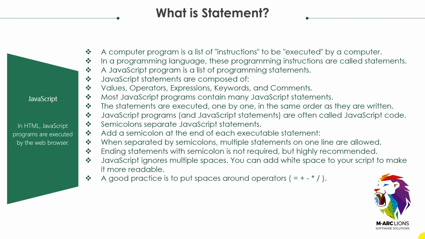A good practice is to put a space around operators. If you go back to my lectures you can see that I have already written some spaces there. It is recommended that you write a space especially around the operators, because if you do not, it is going to be really complicated to read.